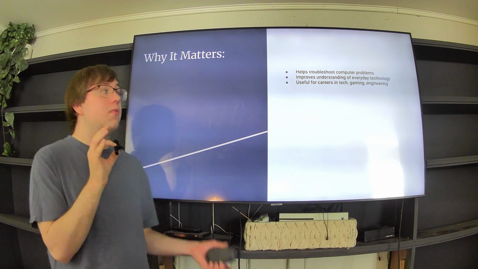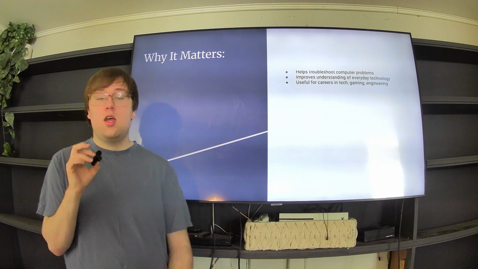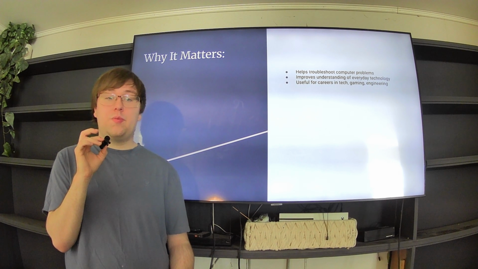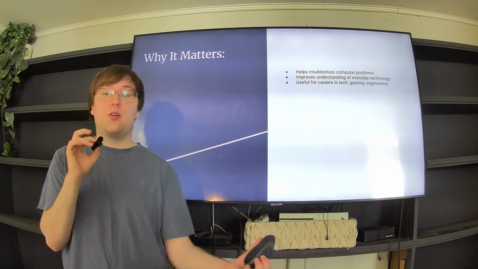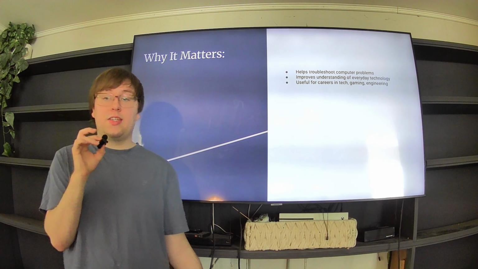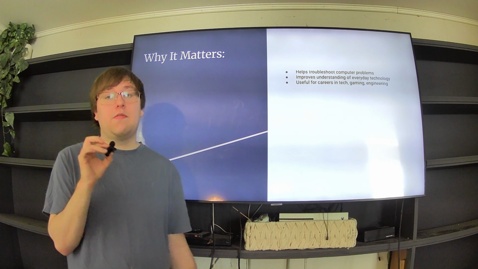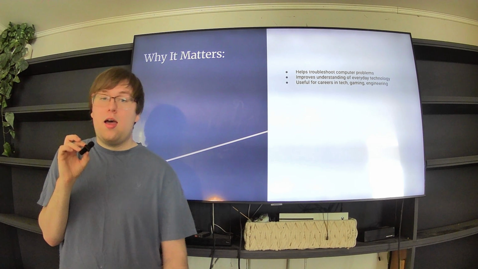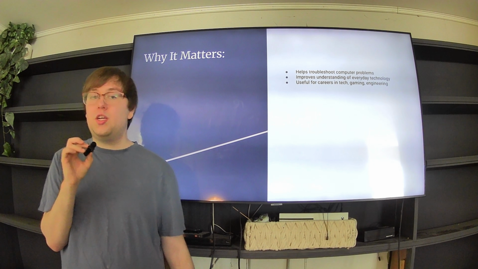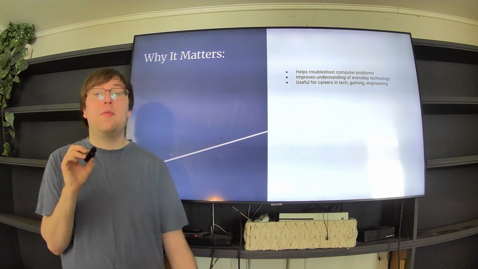Why it matters. It helps to troubleshoot computer problems. Running an application will be able to tell you what problems you may have. If a game won't run, you can run a diagnosis and it'll tell you what the exact problem is. It improves understanding of everyday technology. Being able to understand how a computer works will help us build better future technology for the betterment of humanity, and it's useful for careers in tech, gaming, and engineering.